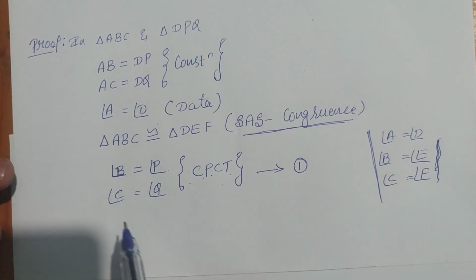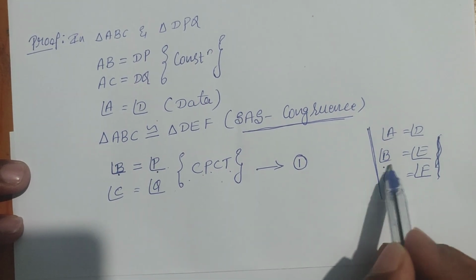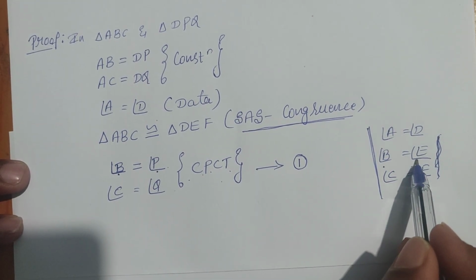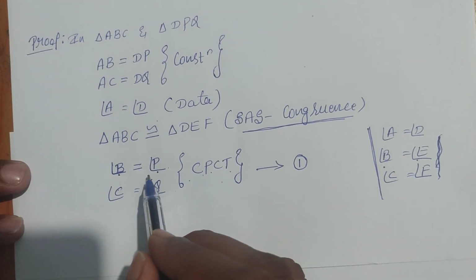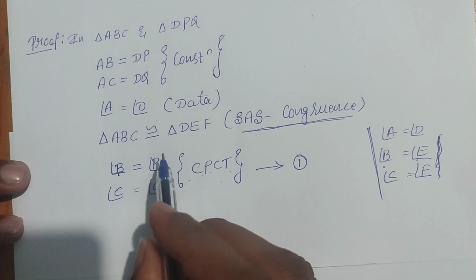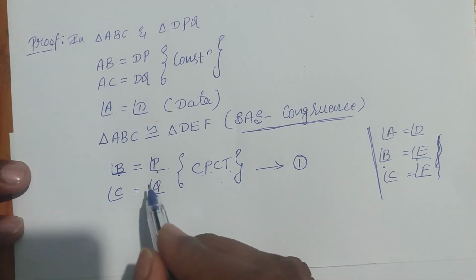So observe here, angle B is equal to angle P. Here angle B is equal to angle E, which means the things which are equal to the same thing are equal to one another. You have learned this axiom in the 9th standard axioms and postulates chapter.